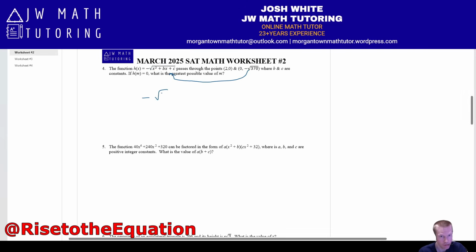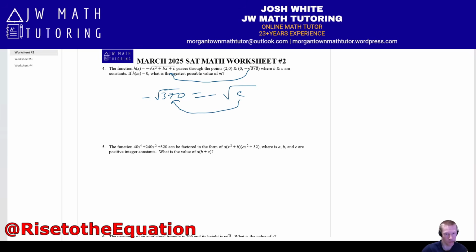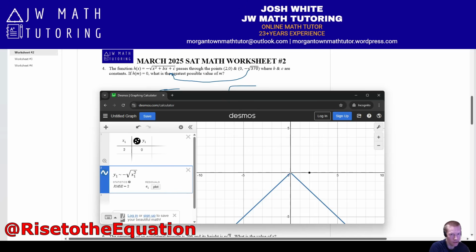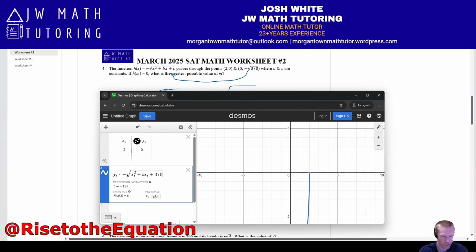Therefore, you get negative root 370 equals negative square root c. Therefore, c has to equal 370. So the first alternate method is just to do the regression as given, but type in the 370 like this, and now we get the correct answer.